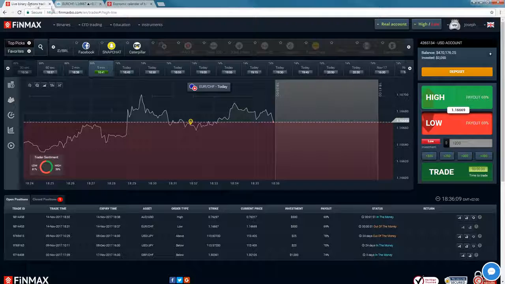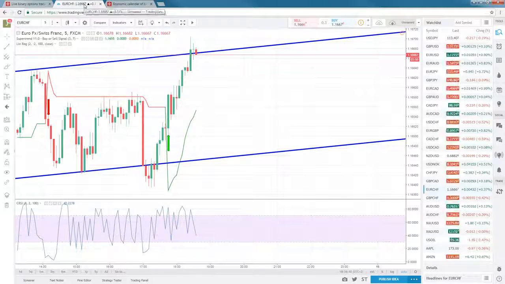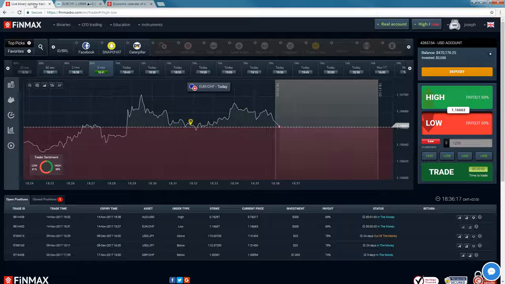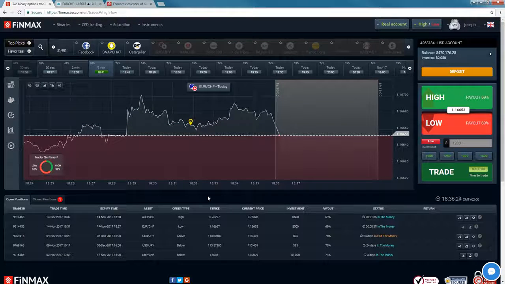The price really wants to go down. Let's see how down it goes. Yeah, it is approaching our strike price, and we are currently in the money again. Yes, it is going down.